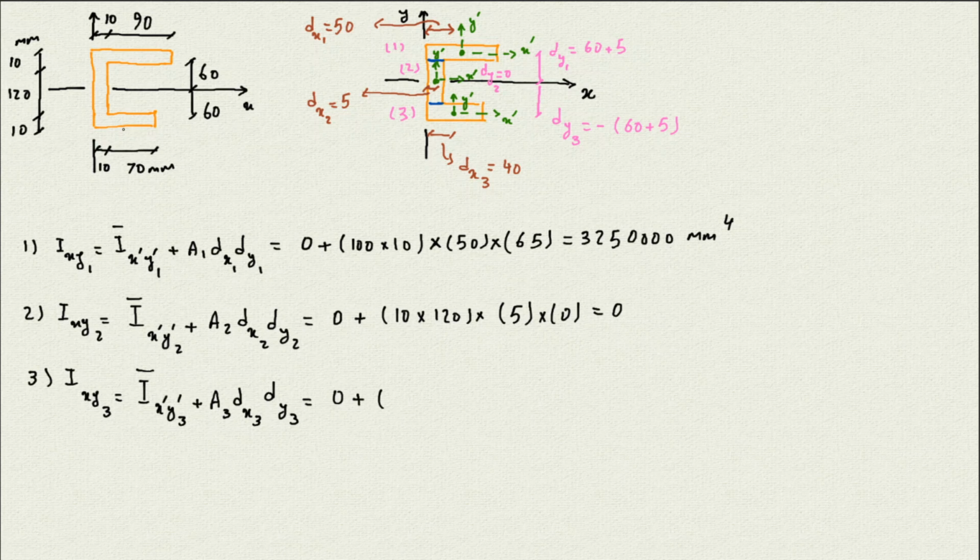Its area is 80 times 10, and d sub x for the third one is 40, and d sub y for the third one is negative 65. Remember, we have to keep the sign of those distances because it's beneath the x-axis, so it's going to be negative 208.